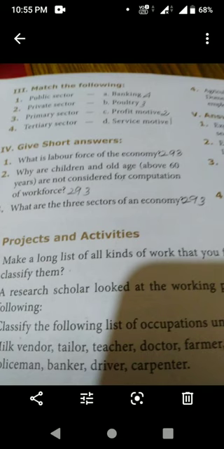Okay. Next, second question. Why are children and old age above 60 years not considered for computation of workforce? That is also page number 293. Now you mark, isn't it? Under the heading Introduction, second para, fifth line.